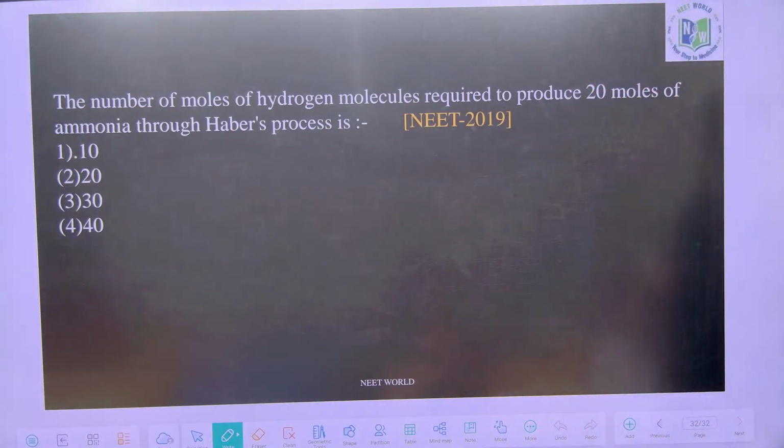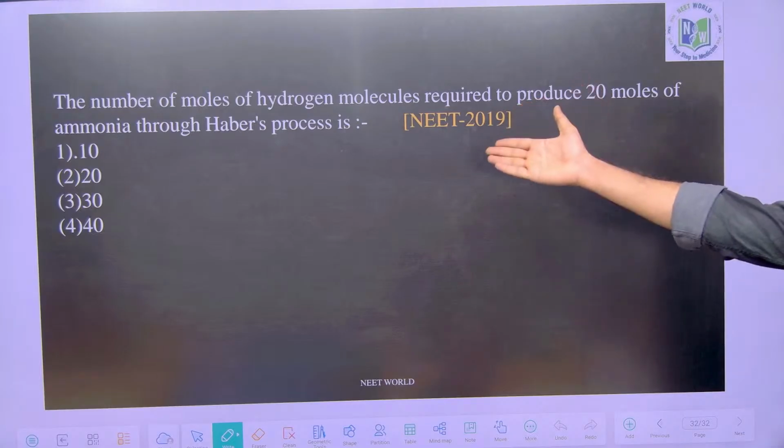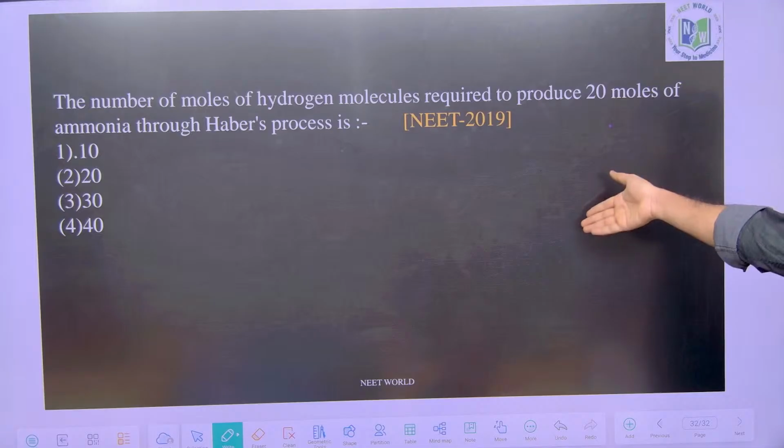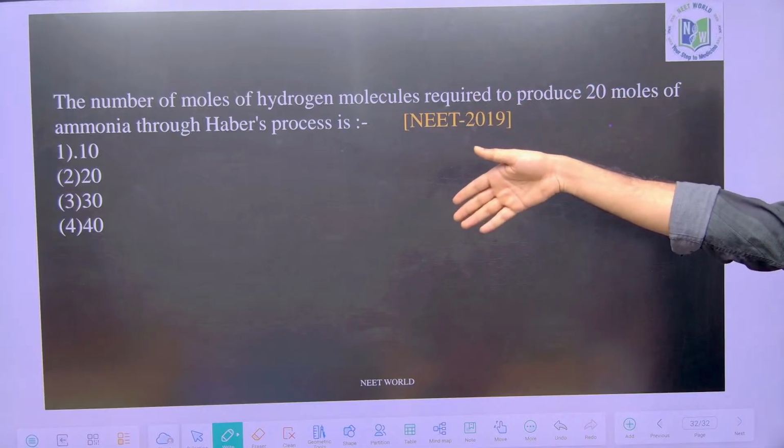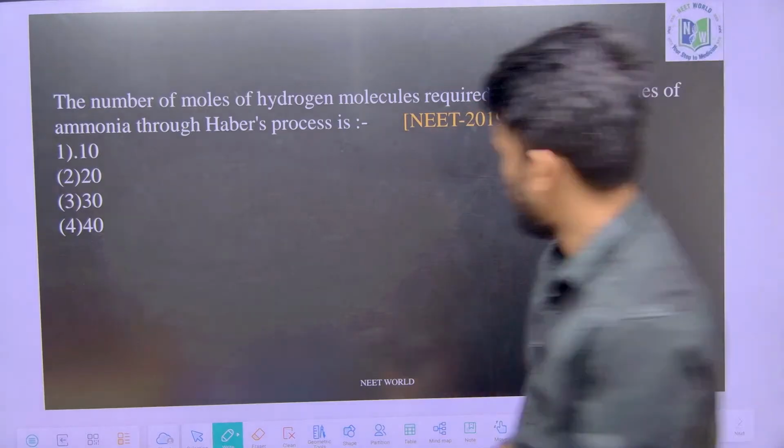Any other options? First write the balanced equation of ammonia formation. Then check the number of moles of hydrogen for production of 1 mole ammonia. Then you put 20 moles ammonia. How many moles of hydrogen? 30 moles. Simple.